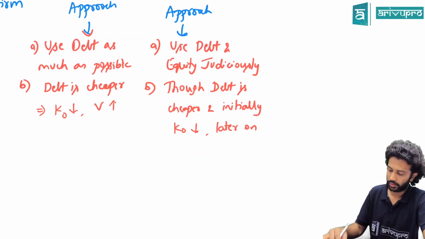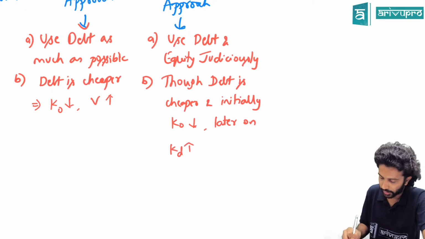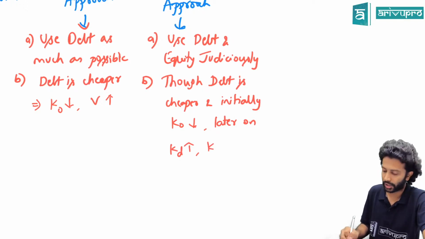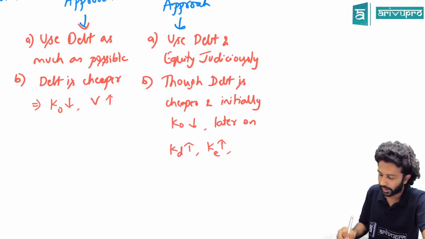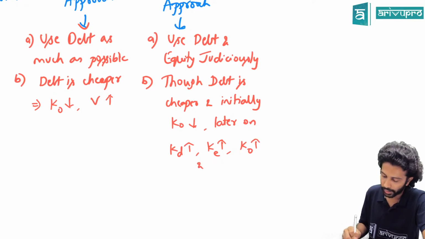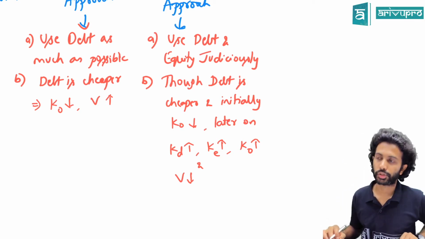Later on, cost of debt after a certain point can increase, and equity shareholders, the moment you raise debt, it becomes a risky affair. So cost of equity will go up, and eventually the value of the firm will decrease as per the traditional approach.